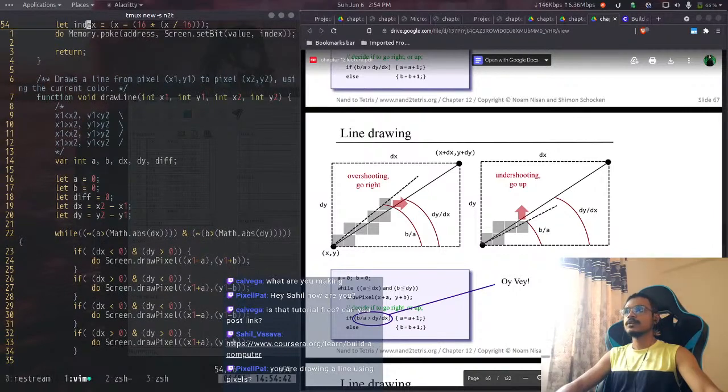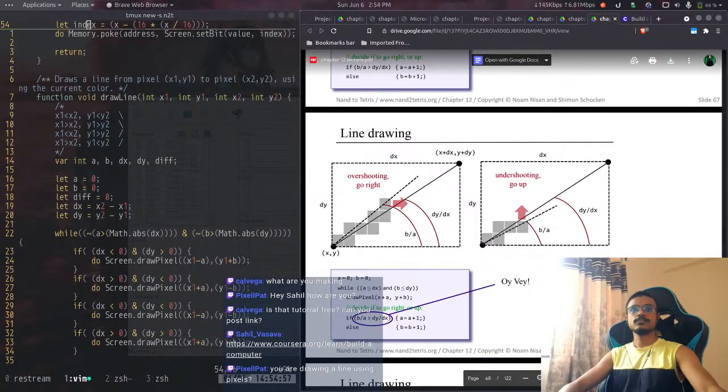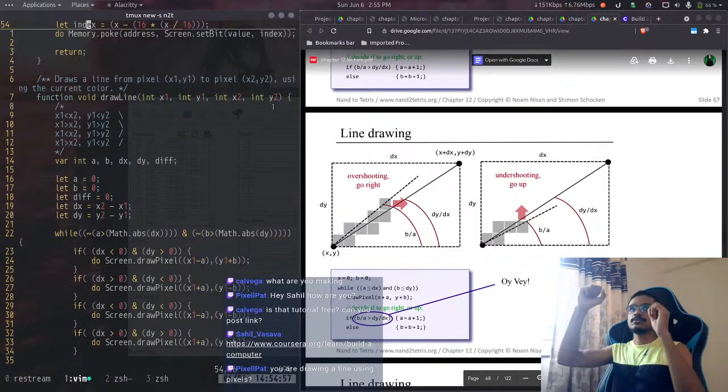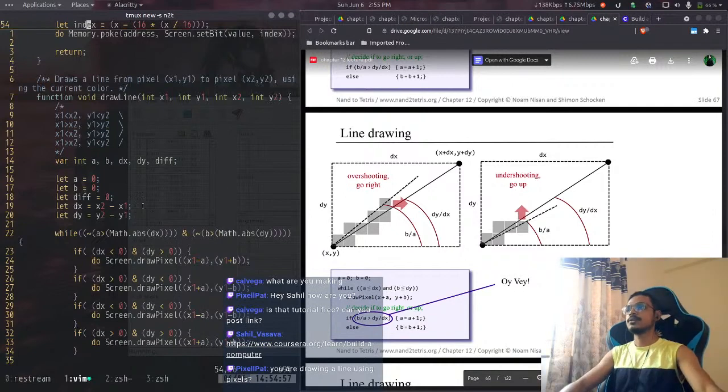So we are given two points. We are given two points, x1, y1 and x2, y2, right? Like this. And we have to draw a line between these two points. And we have to use this function that I already created, draw a pixel. So to this function, I have to pass that particular point.